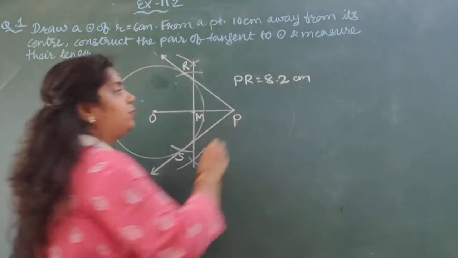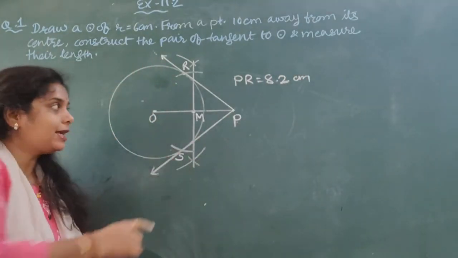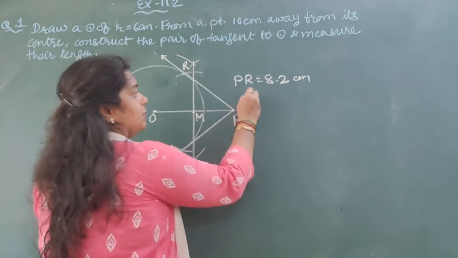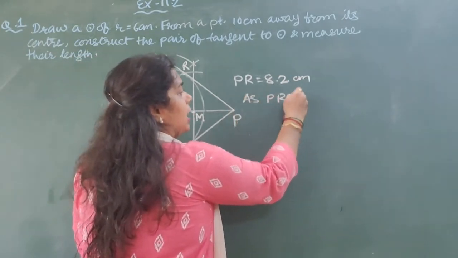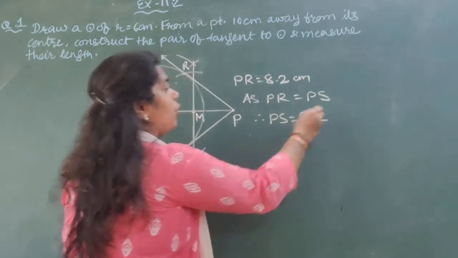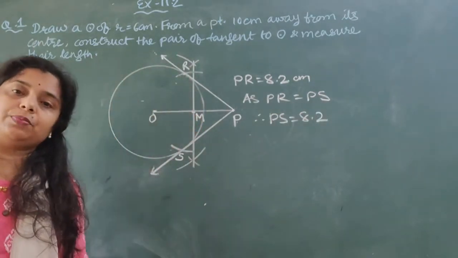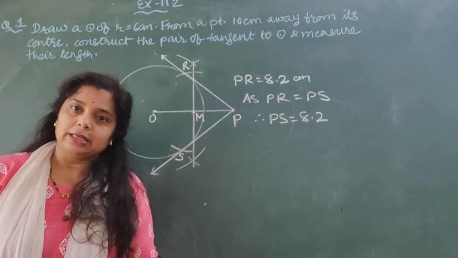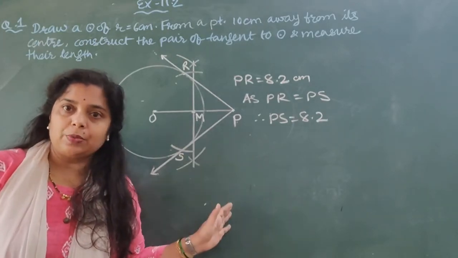As PR is equal to PS, therefore PS is also 8.2. Is it clear? You got this point?